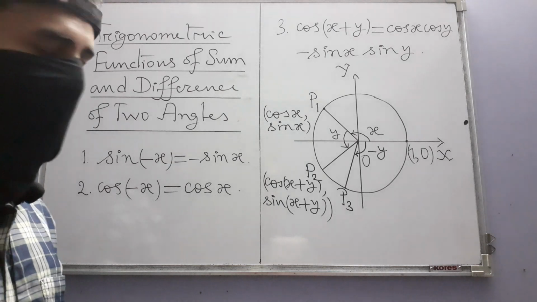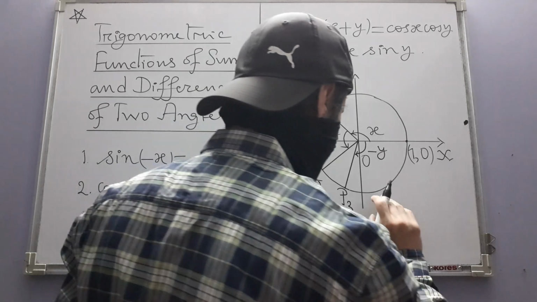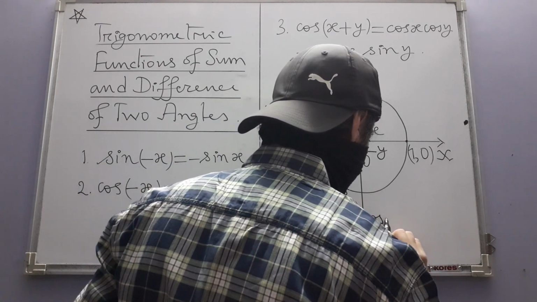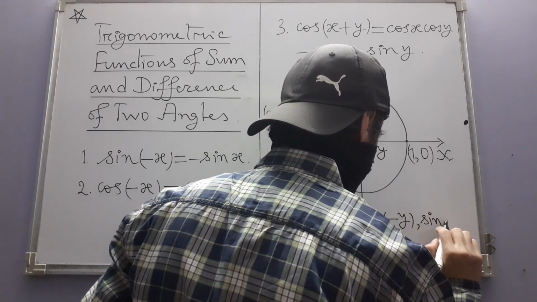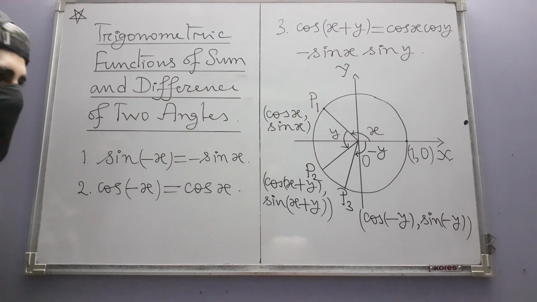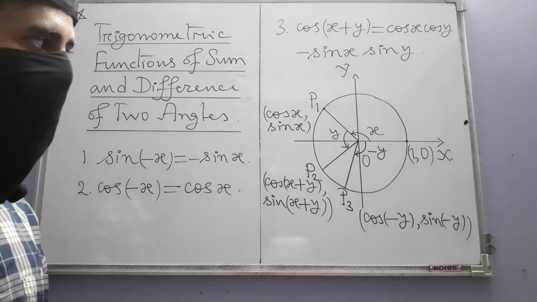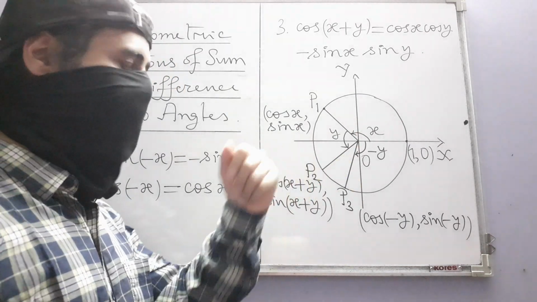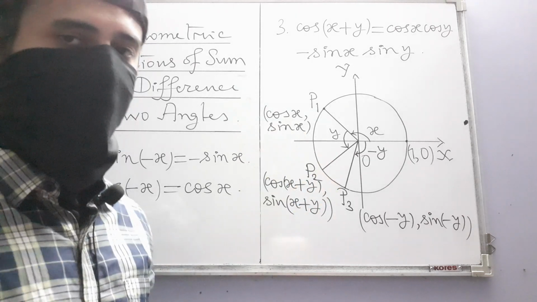And similarly, we can also write the coordinates of P3, which I will write on this side. And they will be cos(minus y), sin(minus y). Do not make one mistake, okay? And that mistake is that you want to write the coordinates of P2 and you end up writing cos y, sin y.